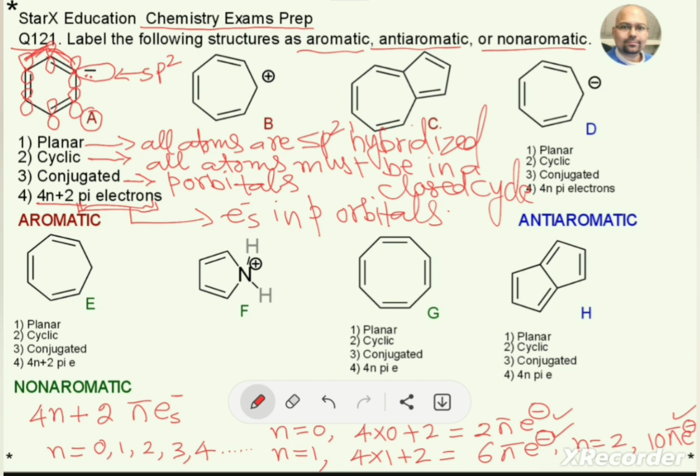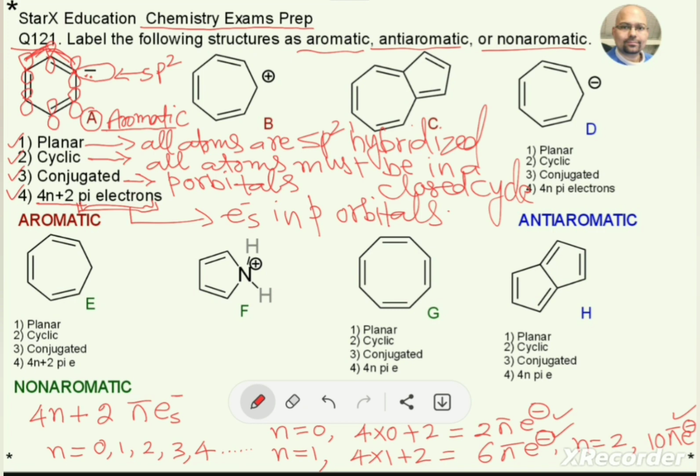And we know that if the charge is dispersed, it stabilizes the species. So species A is aromatic because it is planar, it is cyclic, there is a conjugation, and it has 4n plus 2 pi electrons, which in this case is 6 pi electrons.